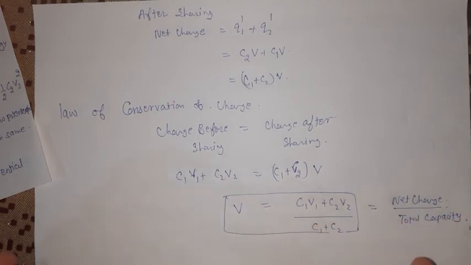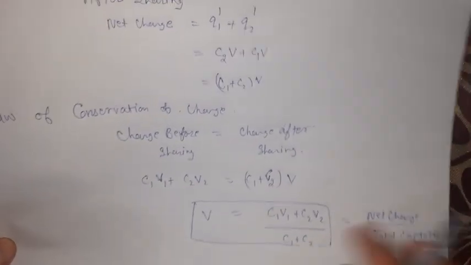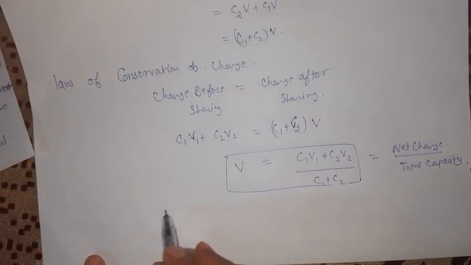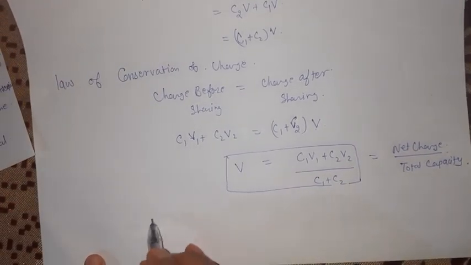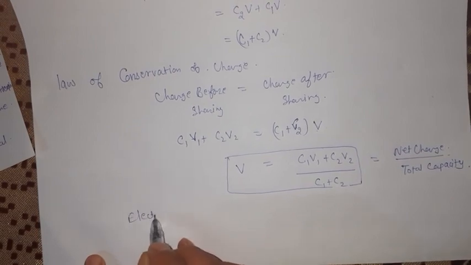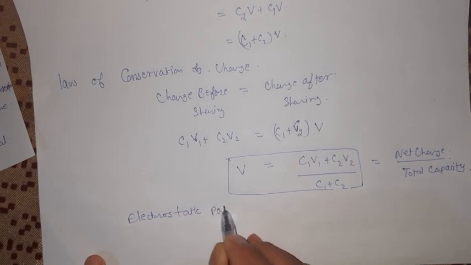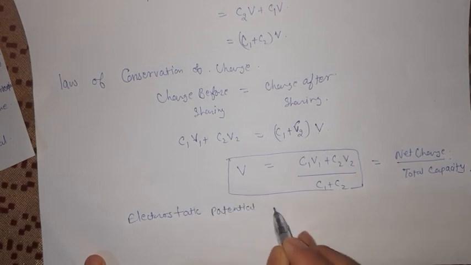So we have calculated the common potential. Then how much is the final electrostatic potential energy after sharing?